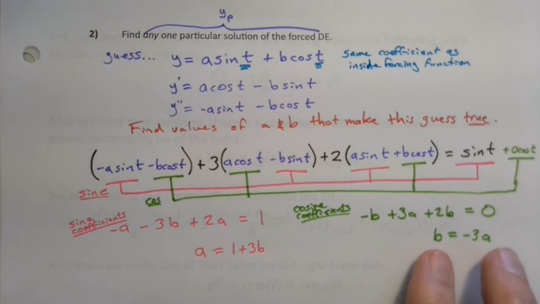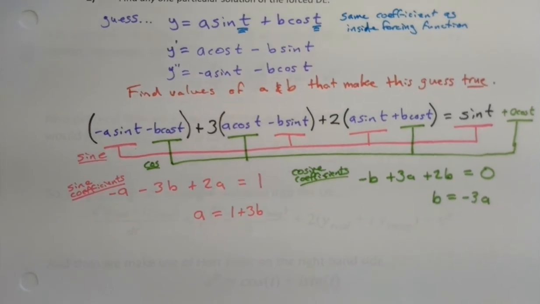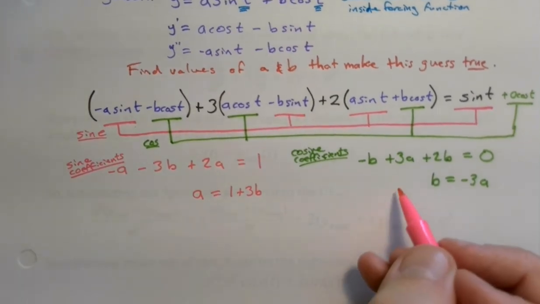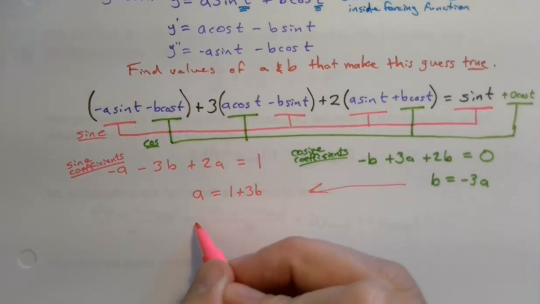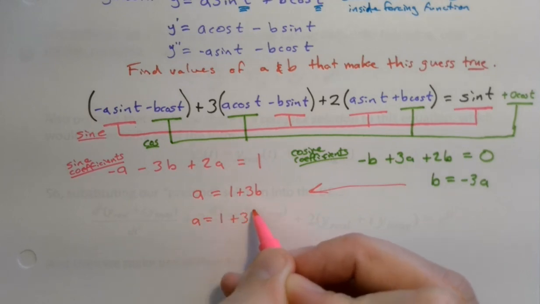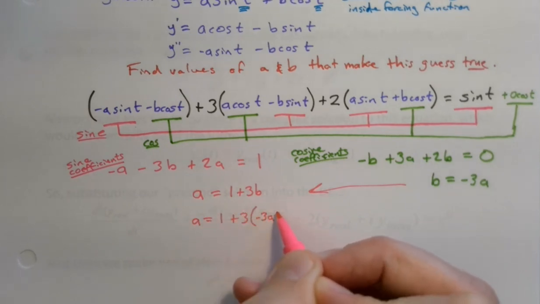And so now I can take this value for b, substitute it in here, and solve my system. Right? So with a little bit of effort, I get a equals 1 plus 3 times negative 3a.